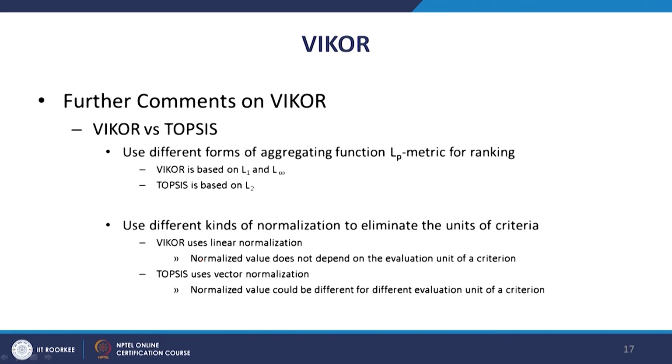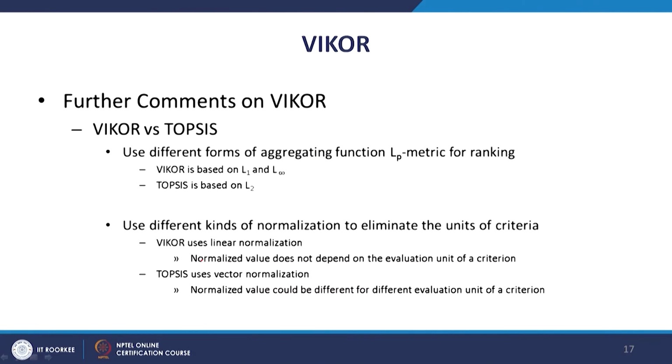VIKOR is based on L1 and L infinity. However, TOPSIS is based on L2. You remember that in TOPSIS we used the Euclidean distance formula and the way the final closeness ratio was formalized. That is actually bearing close similarity to L2. So, different forms of the aggregating function LP metric are used in these two techniques.